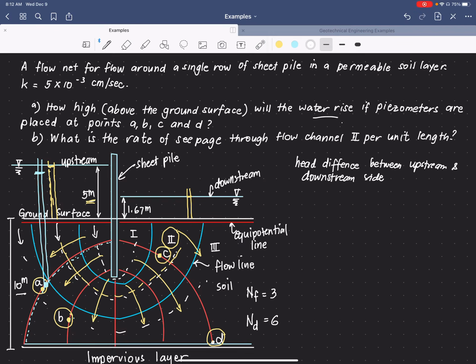That would be this one. This is our H. So that will be equal to 5 minus 1.67, in meters, which is equal to 3.33 meters.